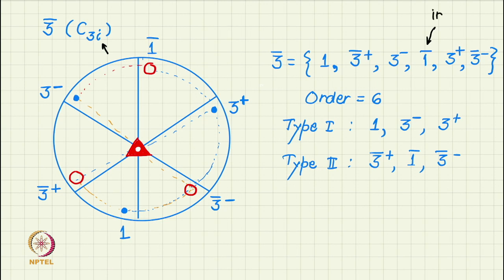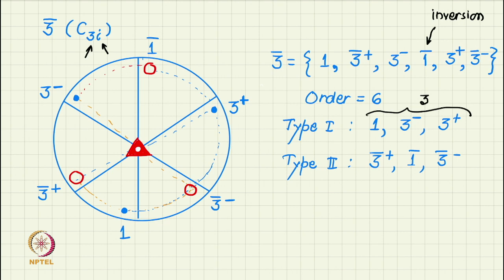So, that is the inversion center, and you can see that it contains 1, 3 plus and 3 minus, which is nothing but the point group 3 or threefold rotation. So, 3 bar contains both threefold rotation and the inversion center. That is what was Schoenflies symbol C3I.